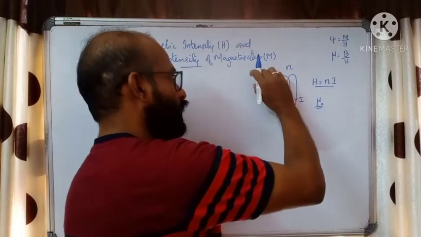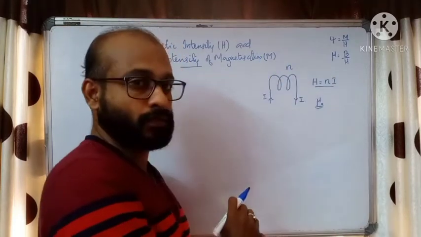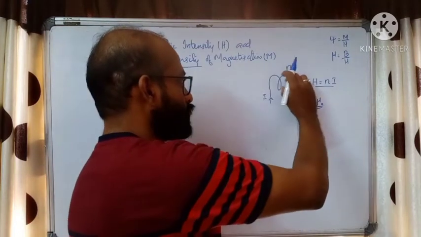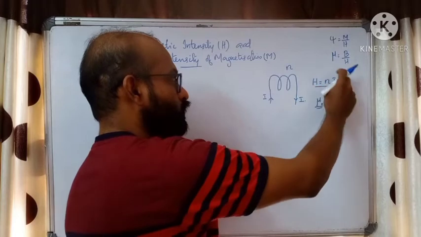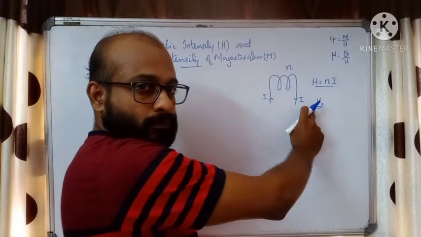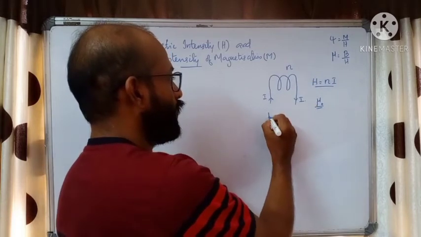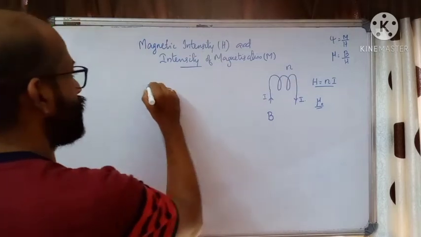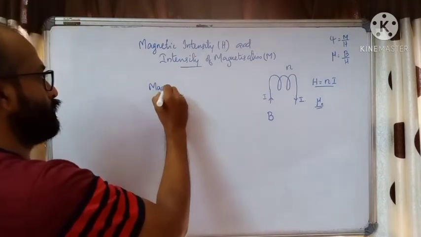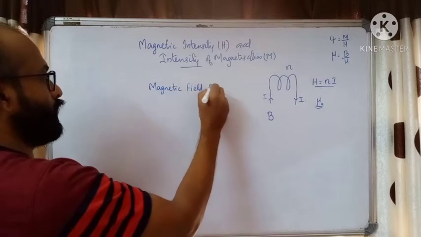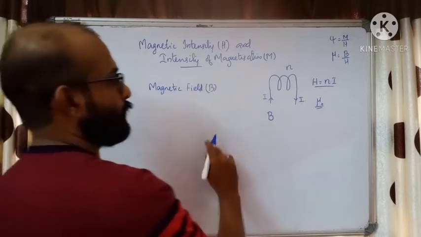So the magnetic field in this region along the axis, magnetic field, not magnetic intensity, depends on the magnetic intensity as well as the medium. That we call by a name called the magnetic field. So B is representing magnetic field, capital B. So what is capital B?